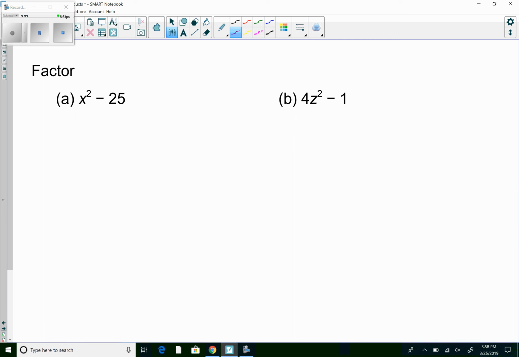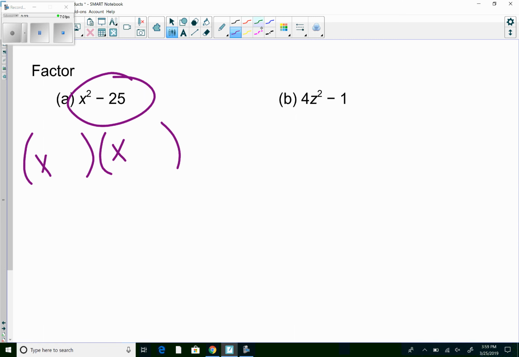We've got x squared minus 25. Again, this is the difference of squares. The first thing I'm going to do is set up my parentheses: x and x. Next, I know that I've got a negative and there's no middle term, so the signs have to be different.